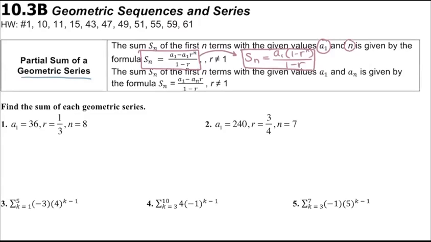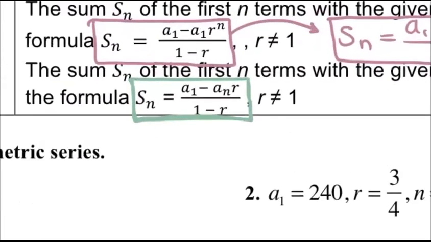The second formula is still to find the same thing, the partial sum. This time, if you're given a sub 1, the first term, and a sub n, the last term, you can use this formula right here. It looks very, very similar, but there's a couple of key differences.